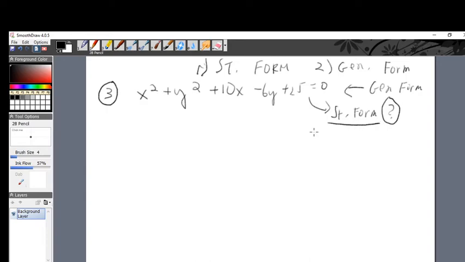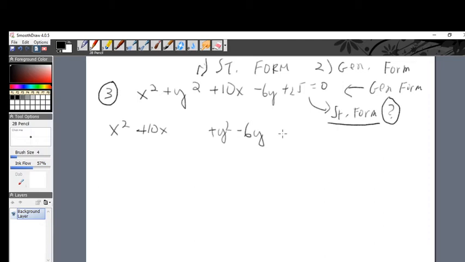Okay, here's what you got to do. Take the x squared and then skip over the y squared. Put the plus 10x over here. Okay, we've taken care of those two. Skip a space, just ignore that space. Now put the plus y squared, then the minus 6y.